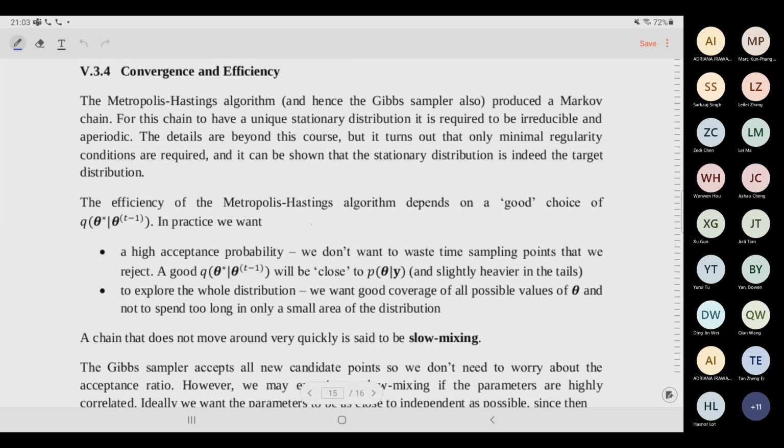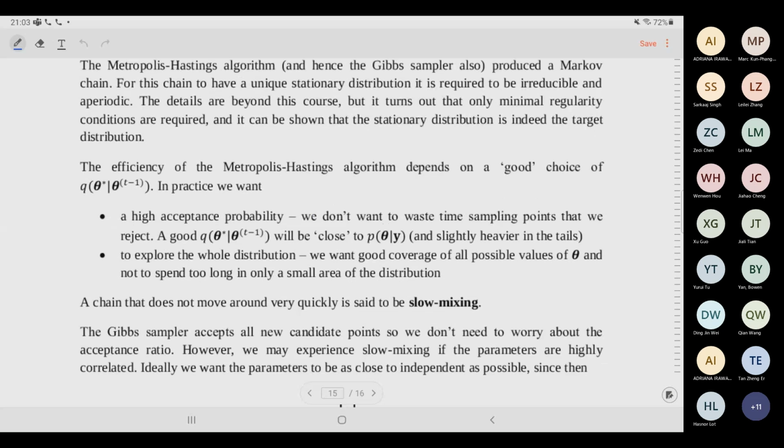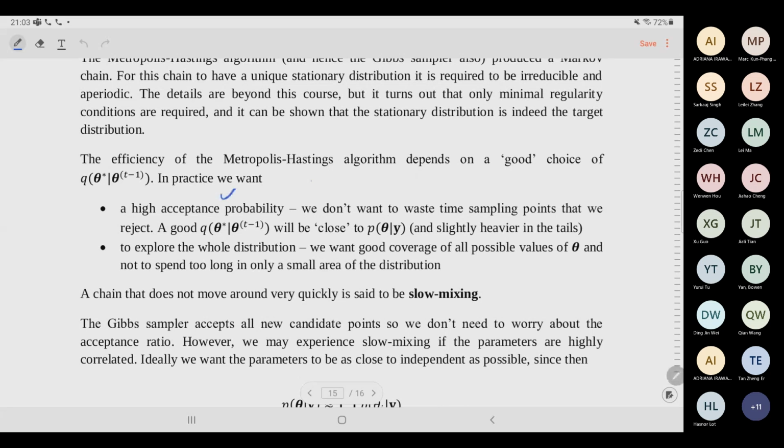Okay, so as you use Metropolis-Hastings, it depends on a good choice of your proposal Q. In practice, we want a high acceptance probability. Acceptance is your alpha, so we want a high alpha. If you use a good proposal Q, which is close to your posterior, then it will be a good proposal distribution.